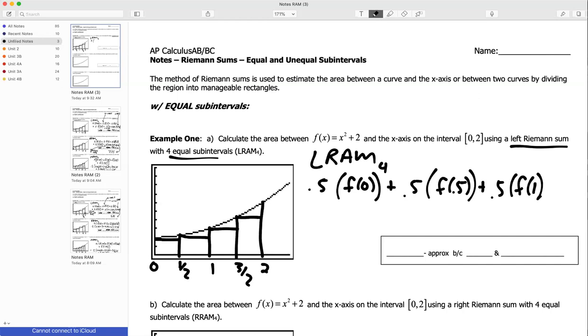All of these have a width of 0.5. And then my last one, I have 0.5 times f of 1.5.